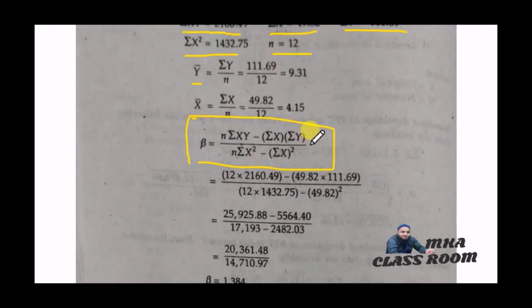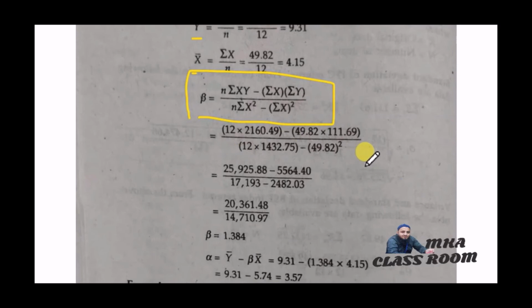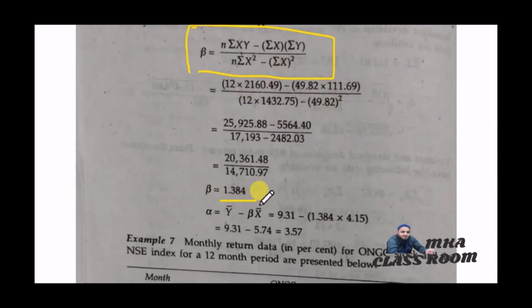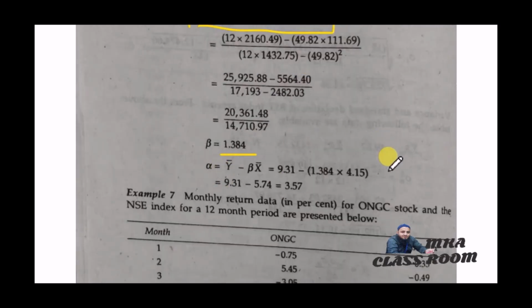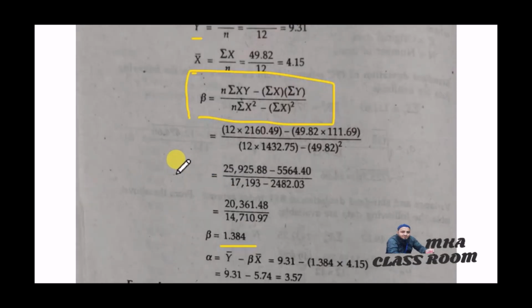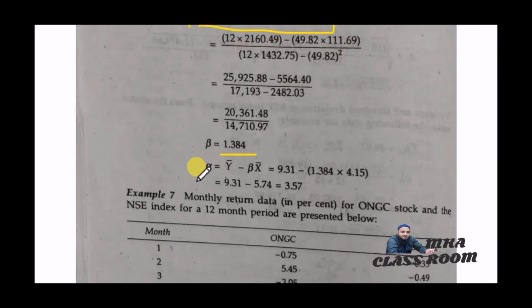Every value we have, then we can get beta 1.384, same value. Then in the regression method we have to extra calculate alpha, y bar minus beta into x bar: y bar value, beta's value and x bar's value. Then we get our alpha's value.